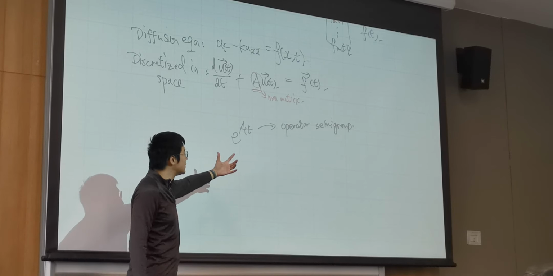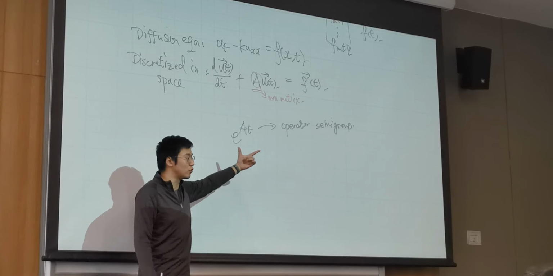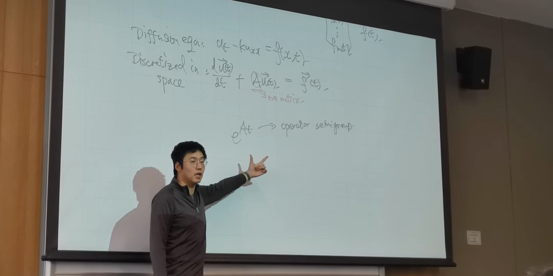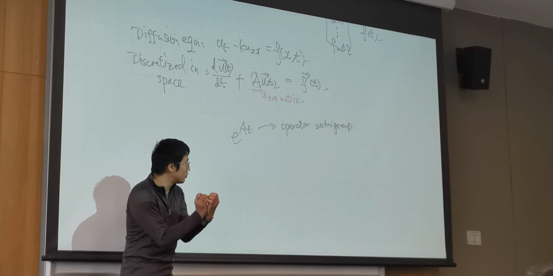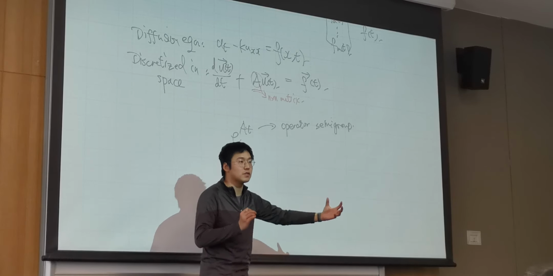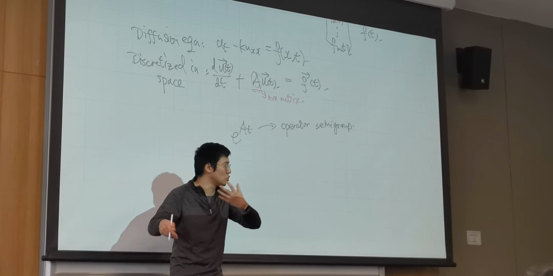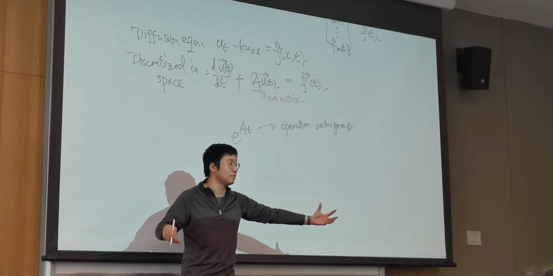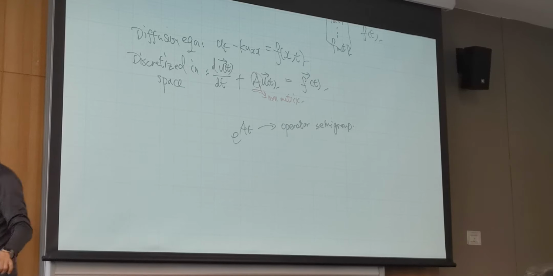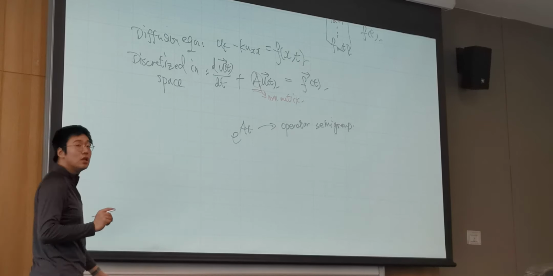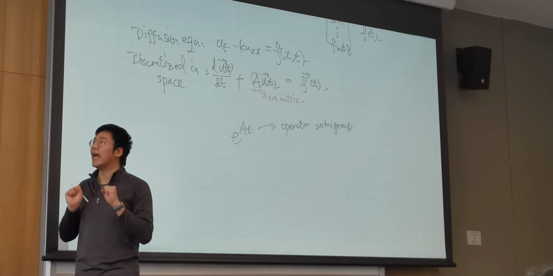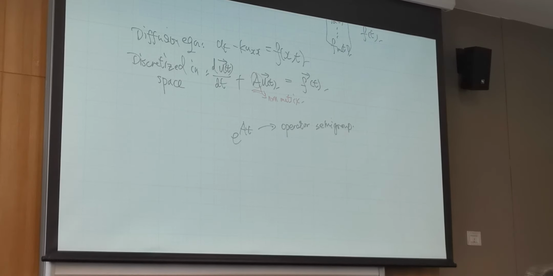So this is a semigroup of operators, or a semigroup of mappings, always sending the initial condition to what is going to happen at a later time. But I'm not going to dive into this too deep. All we need to know is that e to the At is still an n by n matrix.